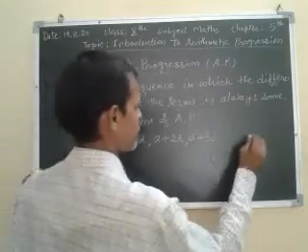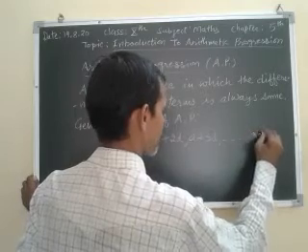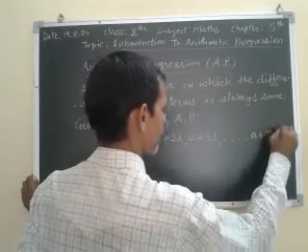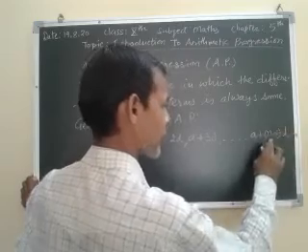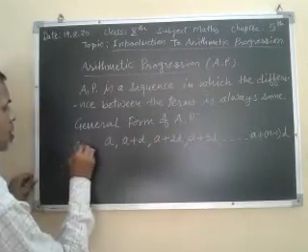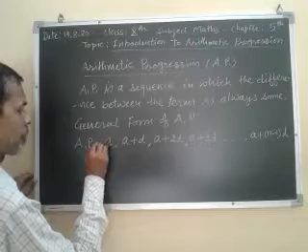In this order, the last term is a plus (n minus 1) into d, where n is the number of terms. So this is the general form of AP.